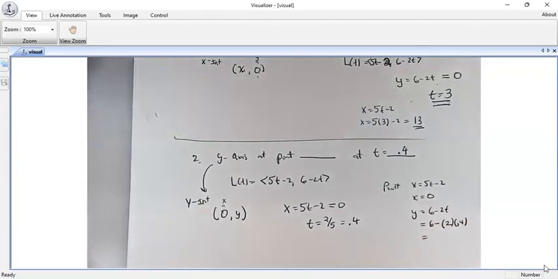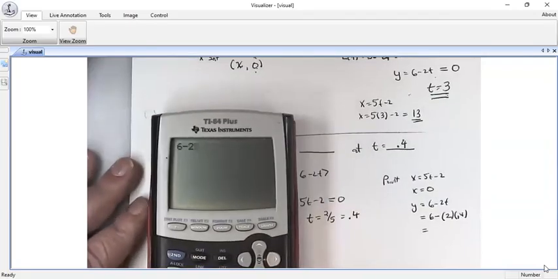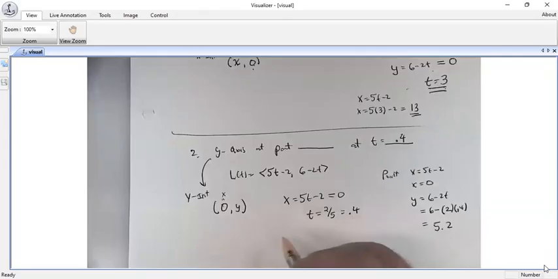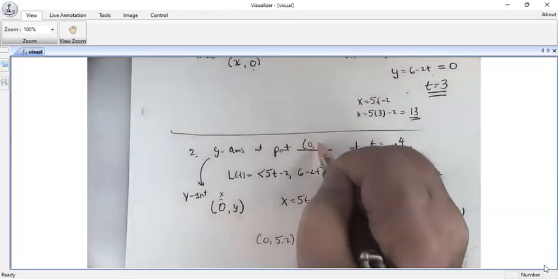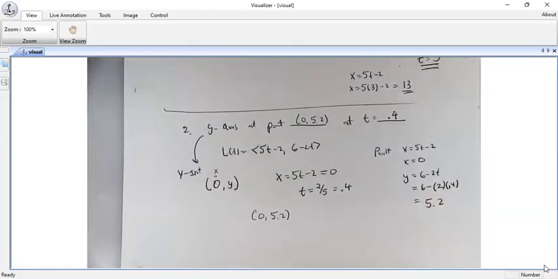And again, let's stick it on the calculator here. 6 minus 2 times 0.4. And I get what, 5.2? That's right, it's decimals now. So you get the point 0, 5.2. Did I lose you guys anywhere there?